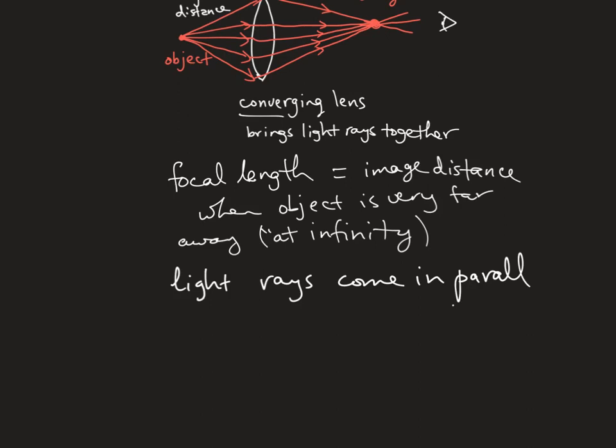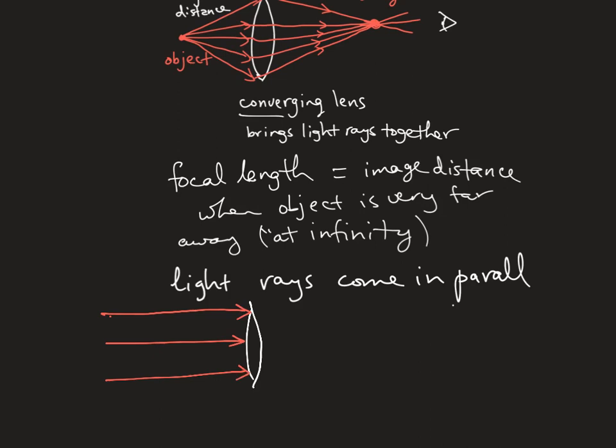So here's your lens, here's your light rays coming in, and for an object that is really, really far away, essentially at infinity, those light rays will come in parallel.